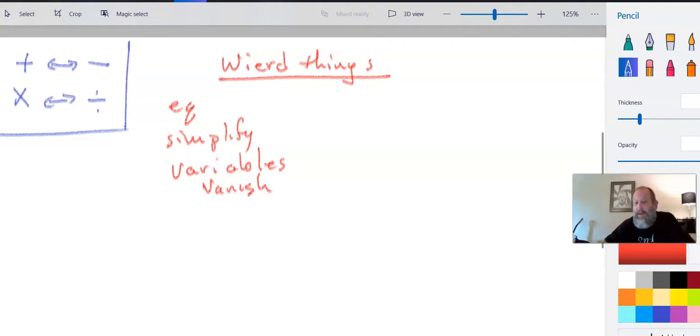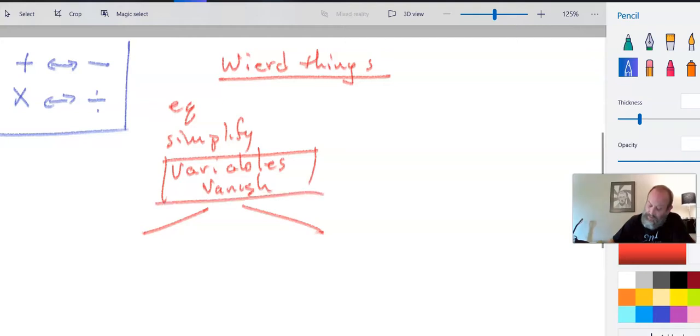There are two things that can happen. If your variables vanish, that means you're down to just numbers. That means you have no variables left. So if your variables vanish, you will either have a true statement or a false statement.